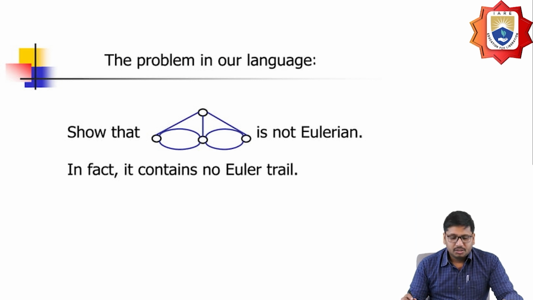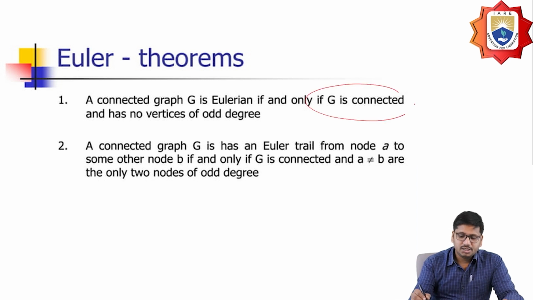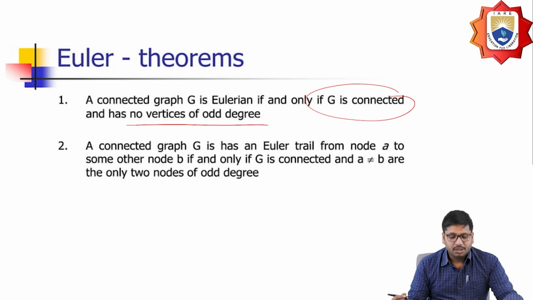In some cases I can show that a graph is not Eulerian; in fact, it contains no Euler trail. The Euler theorems suggest the following. A connected graph is Eulerian if and only if G is connected and has no vertices of odd degree.